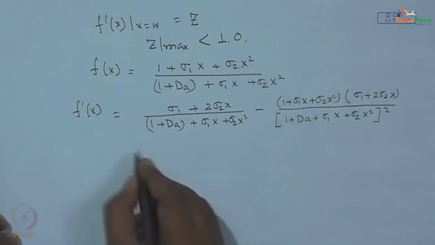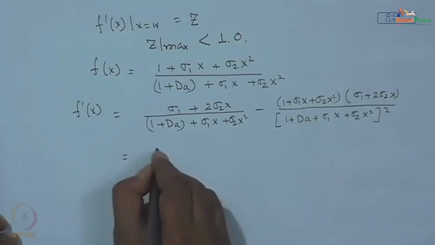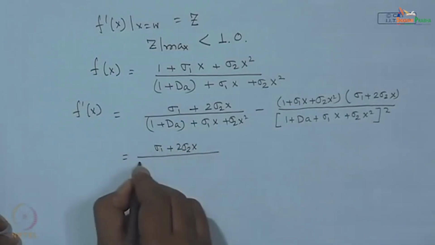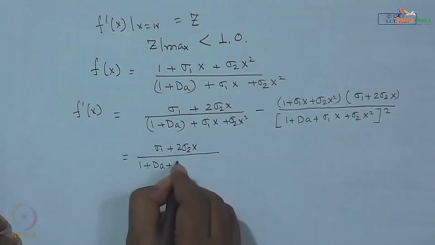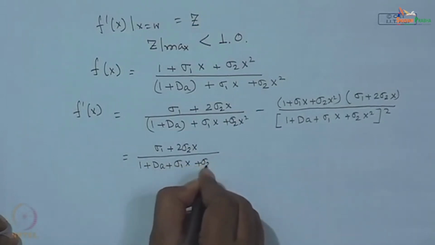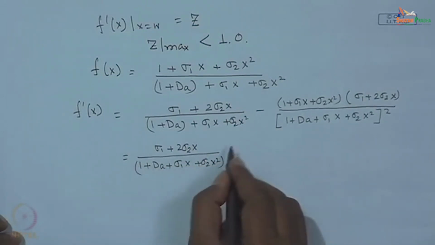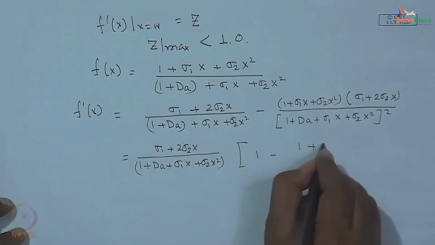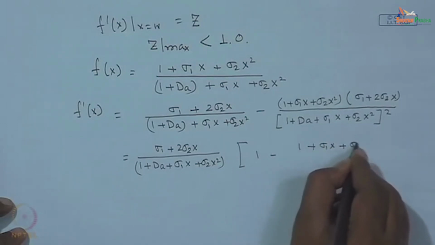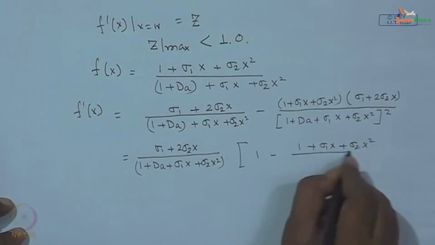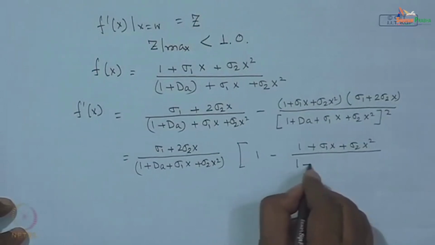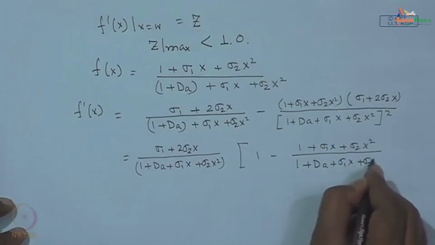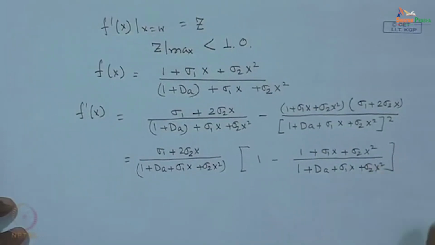So, we simplify this equation, we take this thing as common, sigma 1 plus 2 sigma 2 x divided by 1 plus dA plus sigma 1 x plus sigma 2 x square. So, this is 1 minus 1 plus sigma 1 x plus sigma 2 x square divided by the remaining 1 plus dA plus sigma 1 x plus sigma 2 x square, bracket close.